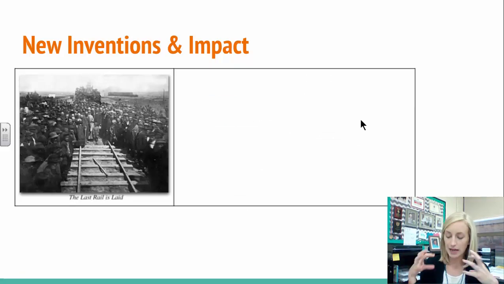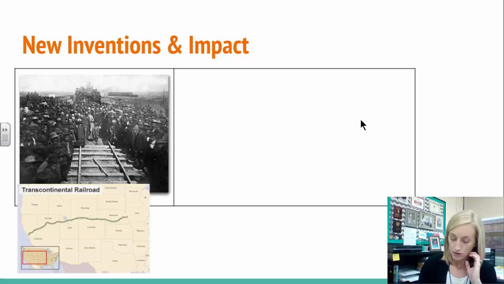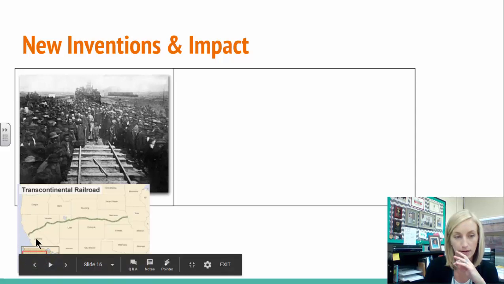The next kind of category of inventions that we're going to talk about is new technology in transportation. And the biggest one that we need to talk about, having by far the most impact, is the Transcontinental Railroad. So in the 1800s, the Transcontinental Railroad connected the West Coast, so if we're looking at this map down here in California, the West Coast to the Midwest here in Iowa.